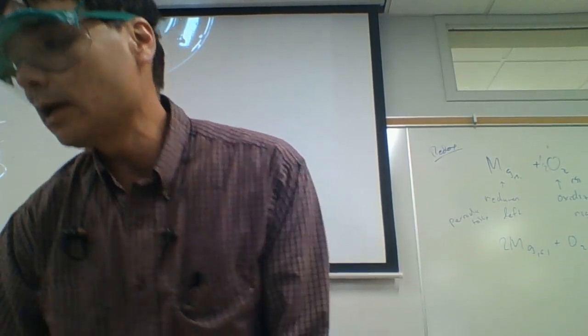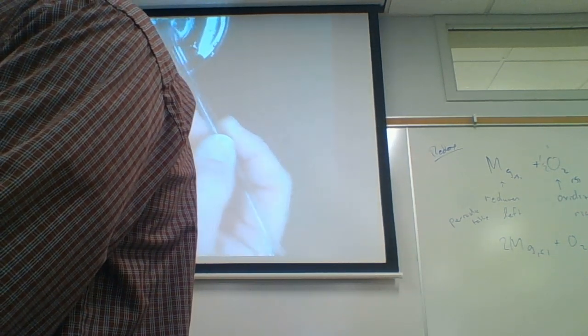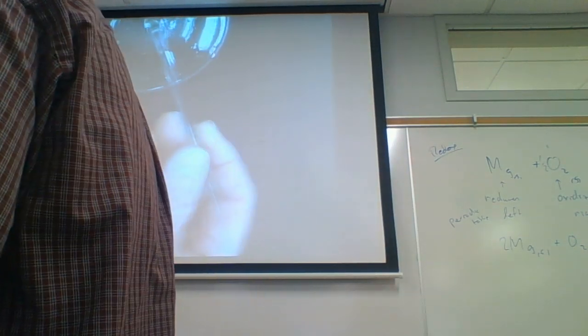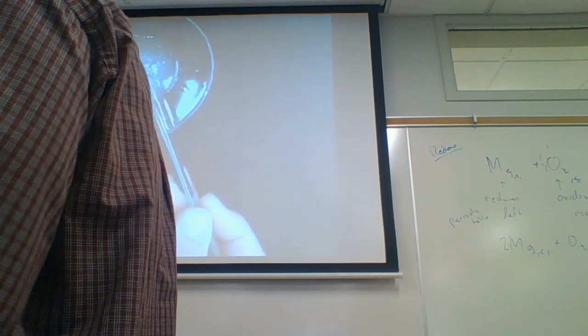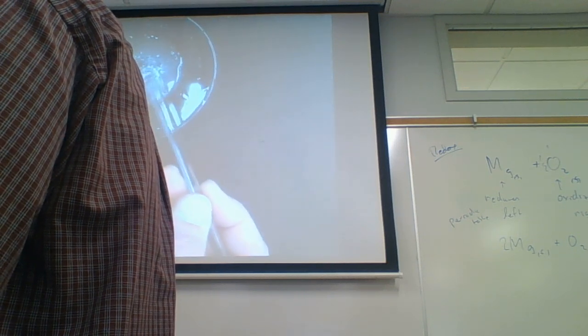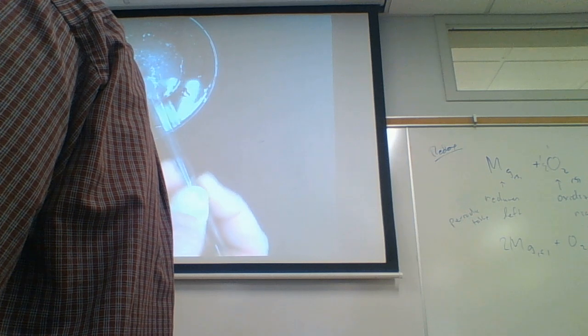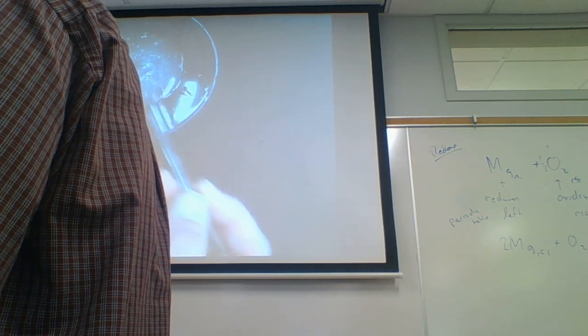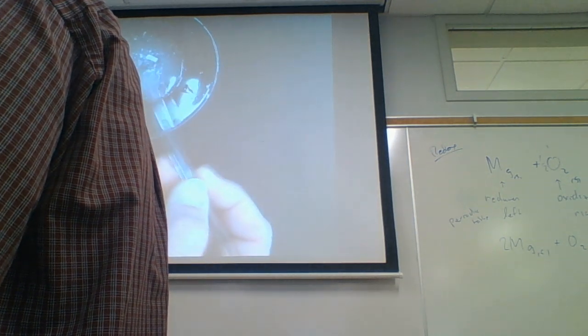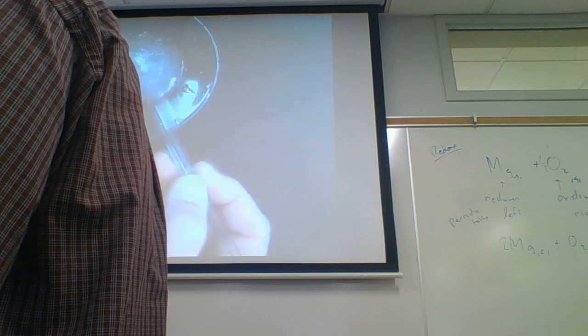No, it turns out that oxides are insoluble, except for group 1 and ammonium. And so I'll try to crush it up here and see if I can get some to dissolve. But it doesn't really dissolve. It's going to make just a slurry or paste.